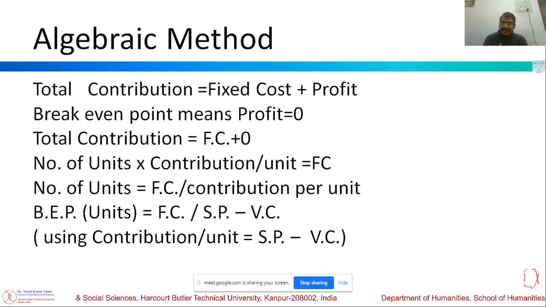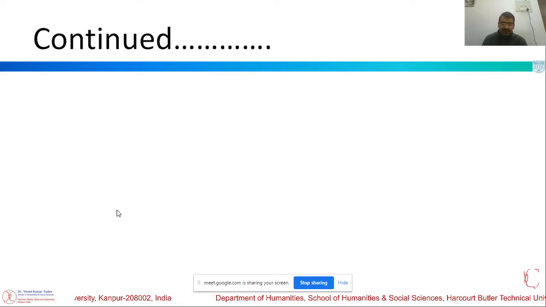So the break even point becomes fixed cost divided by selling price minus variable cost, fixed cost upon SP minus VC. This formula is very important. Underline this formula for break even point in terms of units, right?